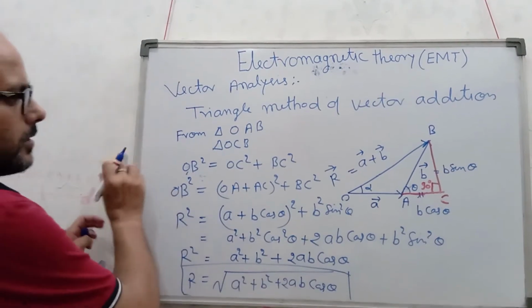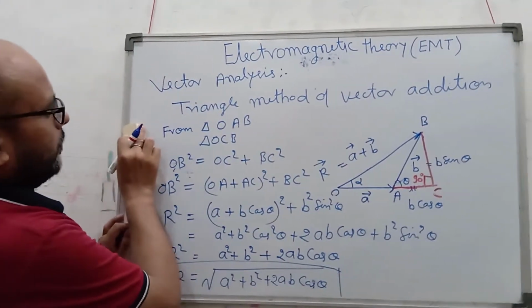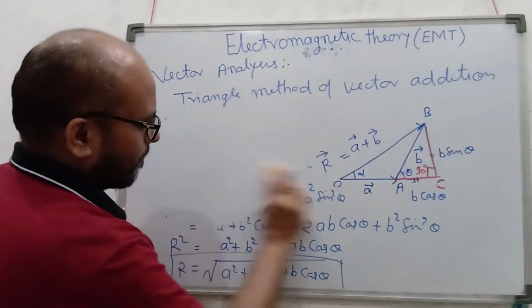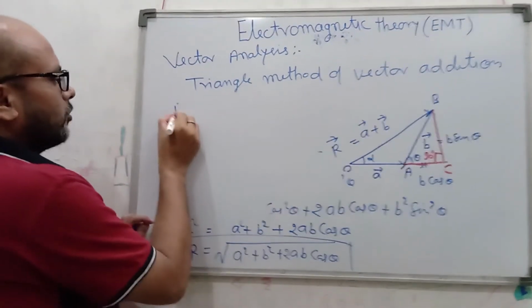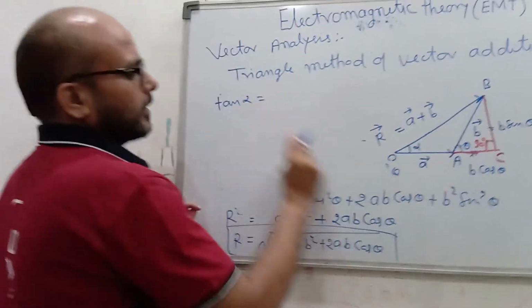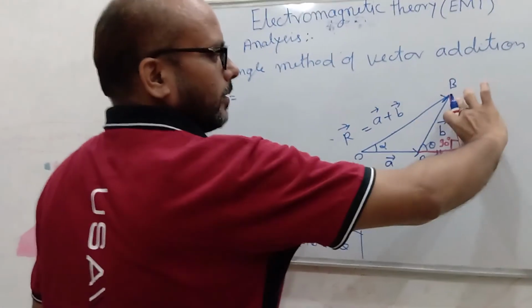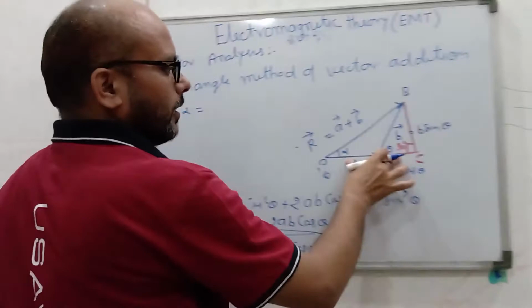So direction means alpha. Note down, create some space. Tan alpha equal to, same as OCA, perpendicular upon base.